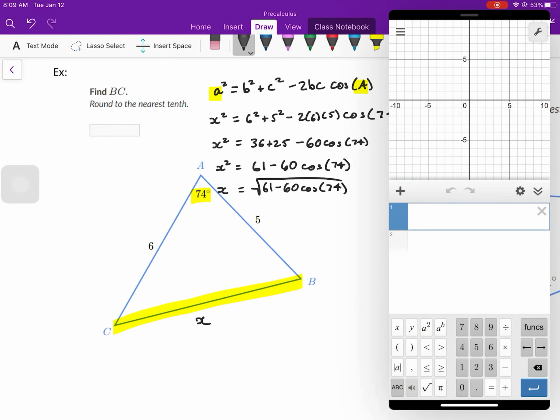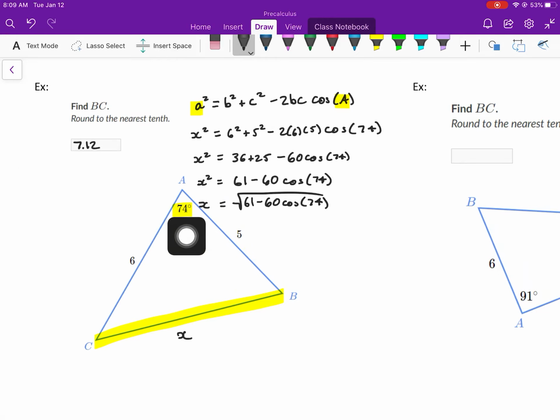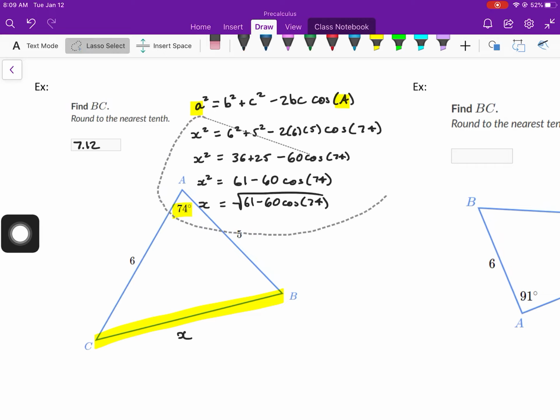So we go ahead and enter this into Desmos, and I got 7.12. And there you go. The main thing I highlighted is you've got to make sure that if you call this side x, that angle is the angle you'll be using.